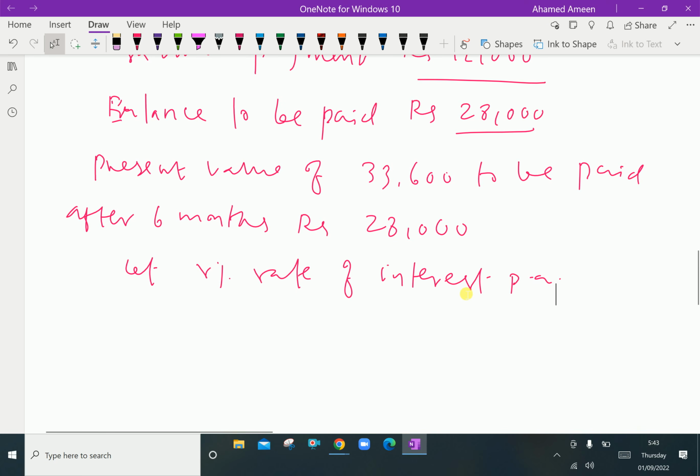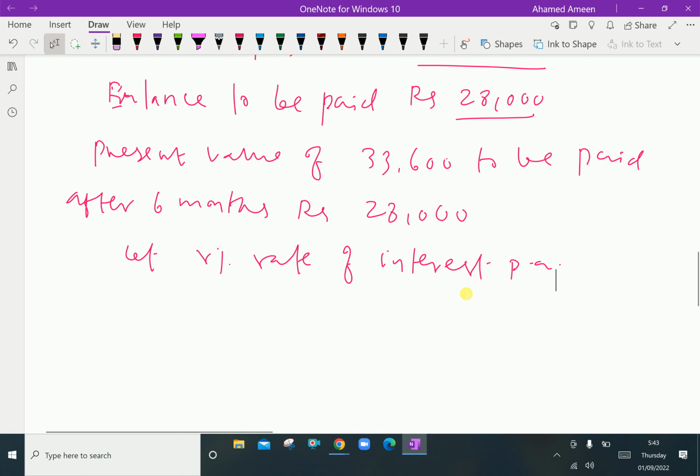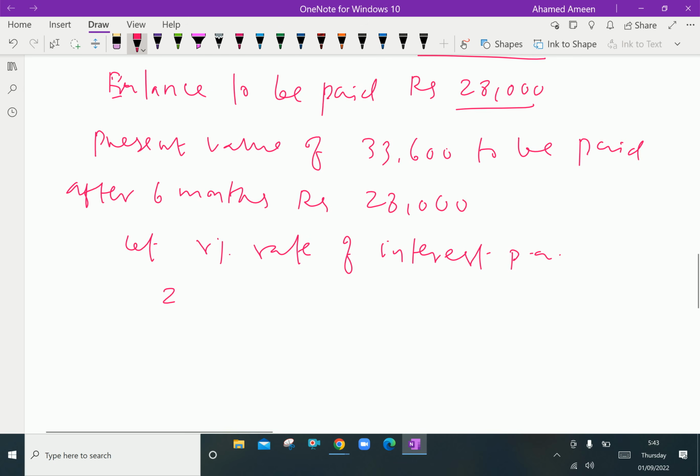Now here you have to find: 28,000 plus 28,000 at R percent interest, that is R by 100, for 6 months.